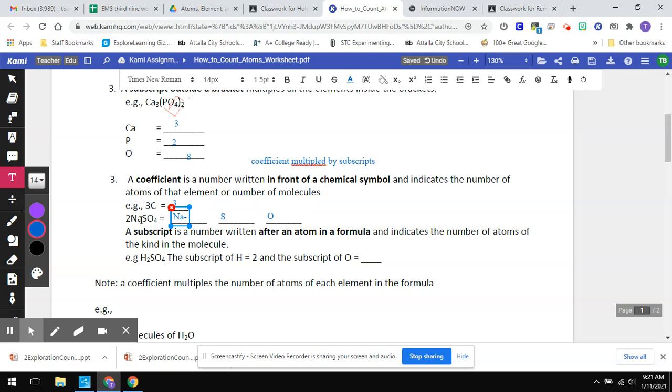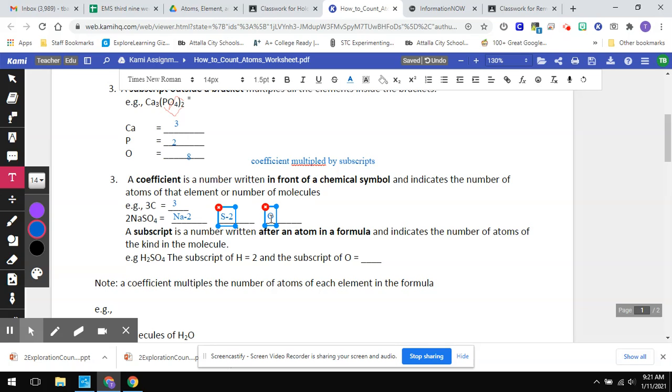Well, for Na sodium, there's no subscript present, so it's an understood 1. So you would say 2 times 1 is 2. For your sulfur, again, there's no subscript there, so it's an understood 1. So you would say 2 times 1 is 2.